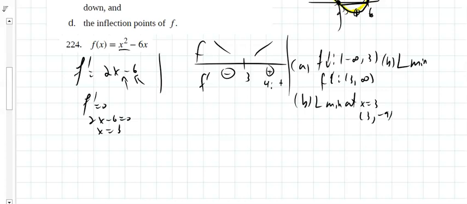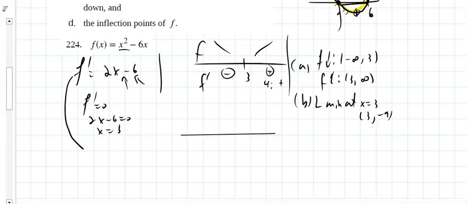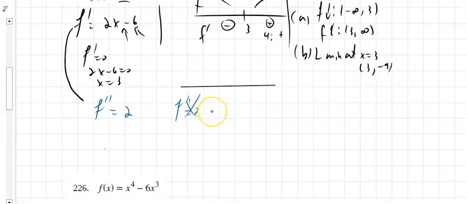Now for the second derivative test, and this is why you really need to get the product rule and the quotient rule out of the way, because if the first derivative is wrong, the second derivative automatically is wrong. The second derivative will be 2. So where does that equal 0? Where's it undefined? F double prime equals 0 nowhere. I'll do my testing still. There's the second derivative.